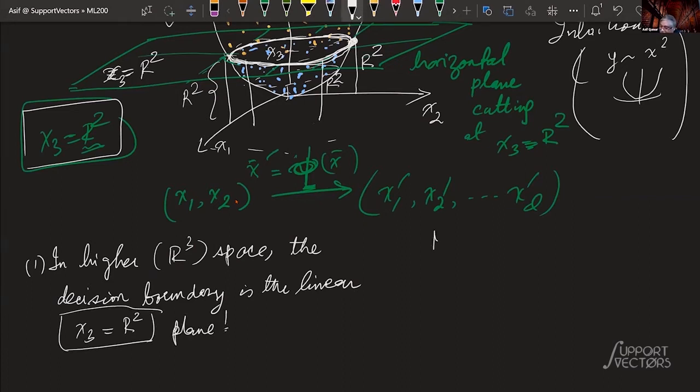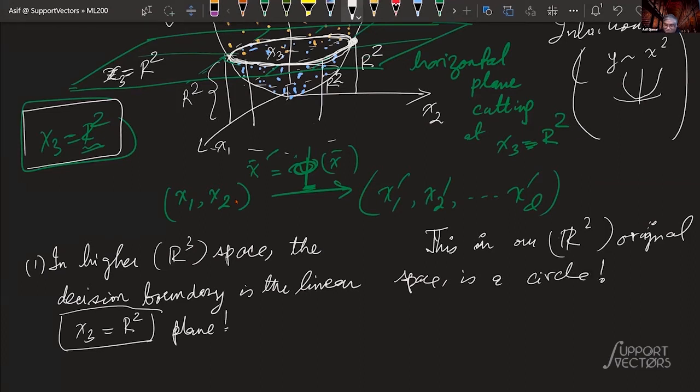And in our original R2 space, it is a circle, isn't it, guys? And you can literally see that happen.